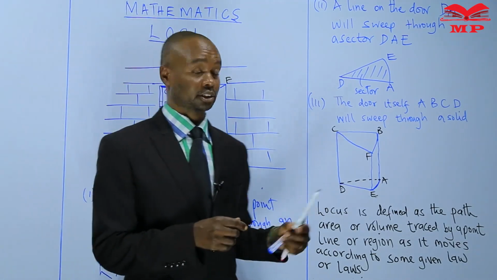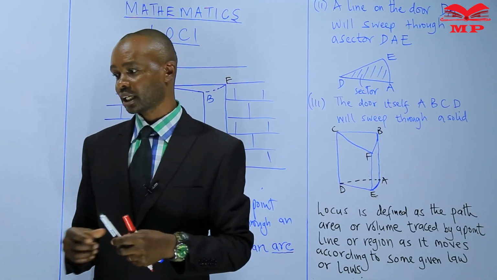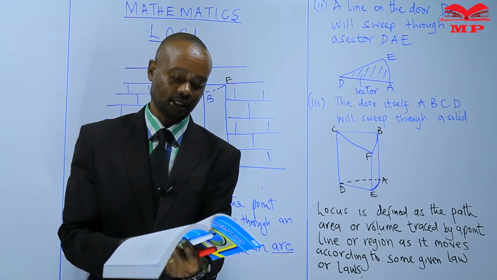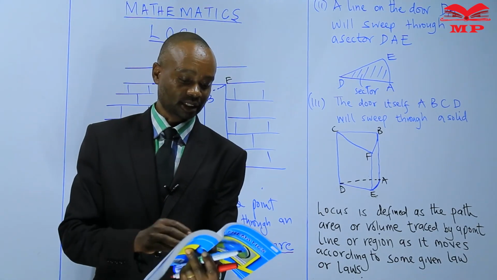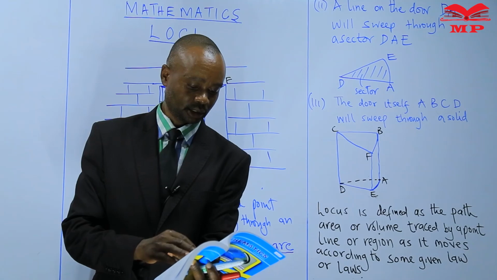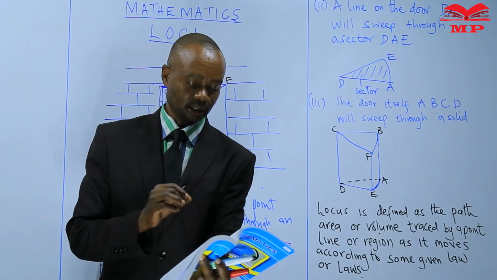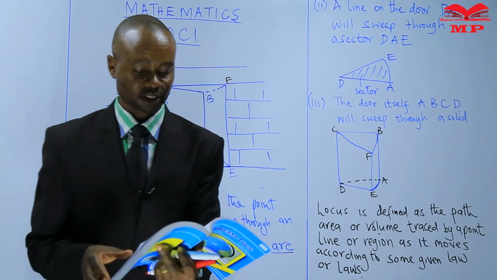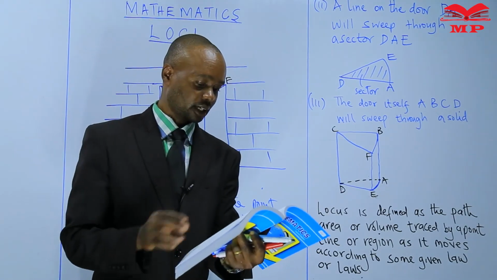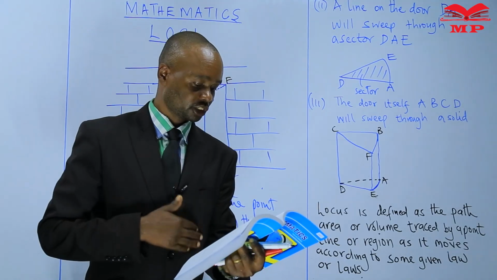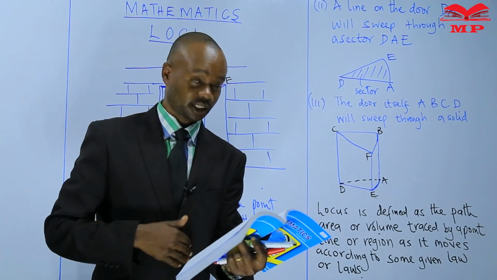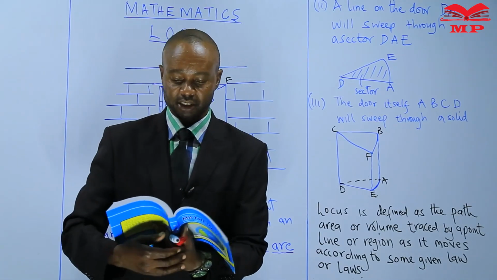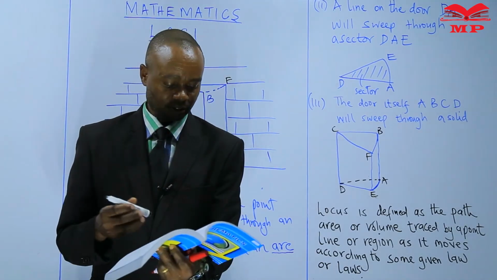Having gone through the introduction, we have some practical observation that can enable us to look at actually what a loci or locus is. So I'll just write around 2 of them on the board, and I'll be able to sketch the locus of that.